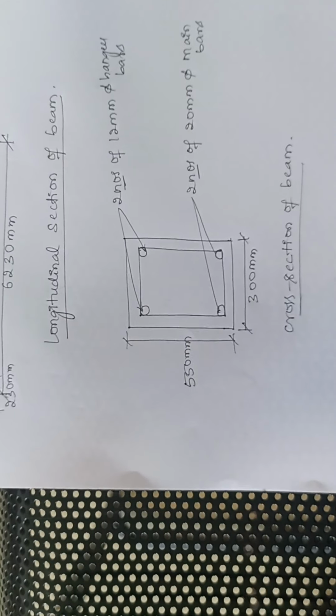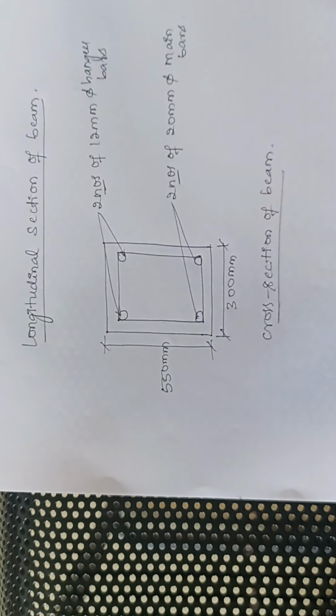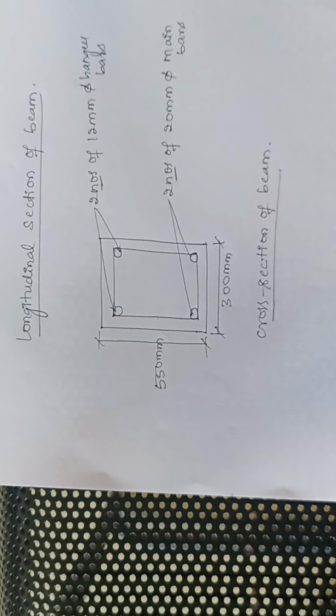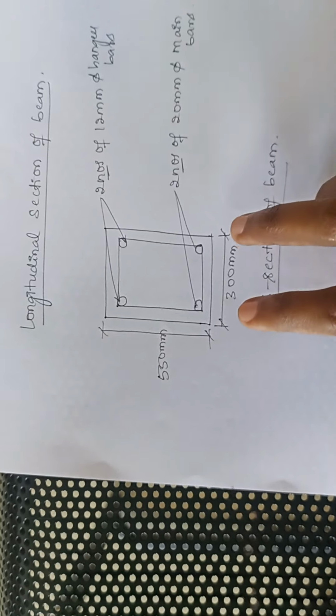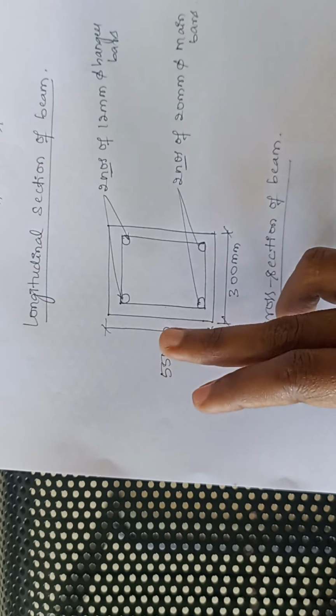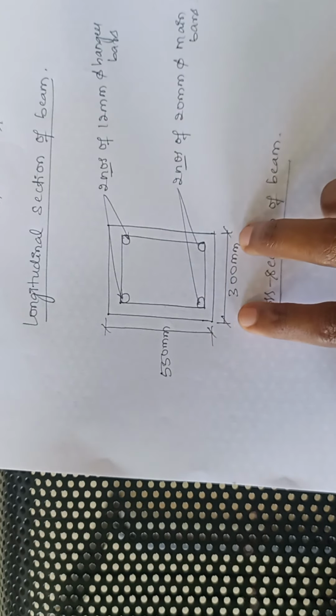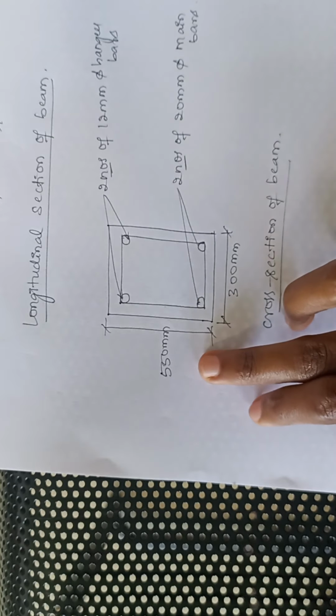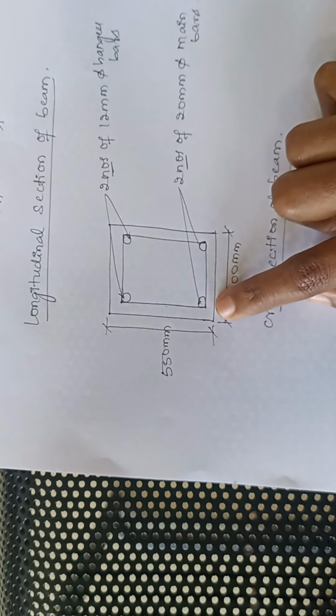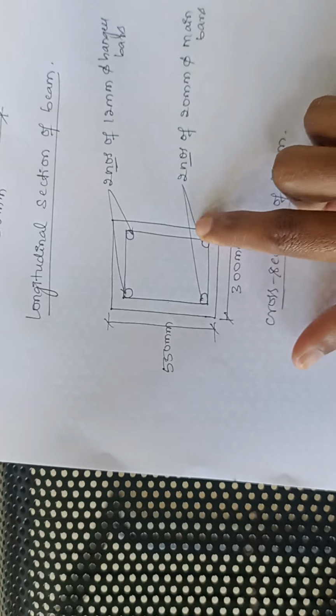Similarly, let us draw the cross section of the beam. For drawing the cross section, we have to cut the beam at the middle and see from the side how the beam looks. We can see the width of the beam and the overall depth of the beam. The width of the beam is 300 mm and its overall depth is 550 mm. Within that, we will be providing two-legged vertical stirrups.